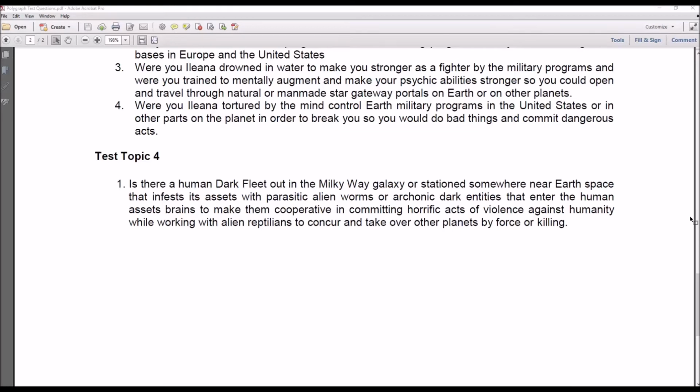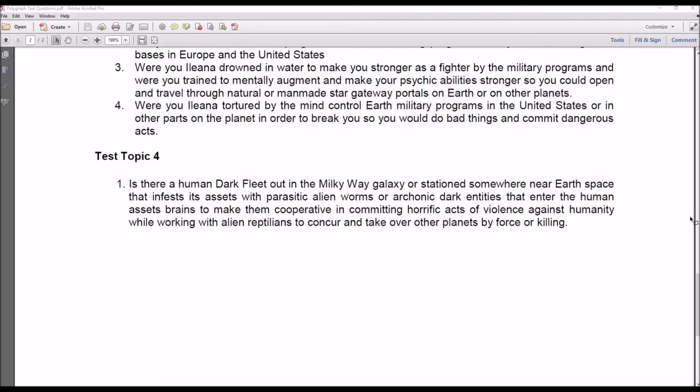And this is done on a regular basis to have the human Dark Fleet assets be cooperative while having the parasite or the archonic entity in their body. Having these things enter the human hosts makes them cooperative.